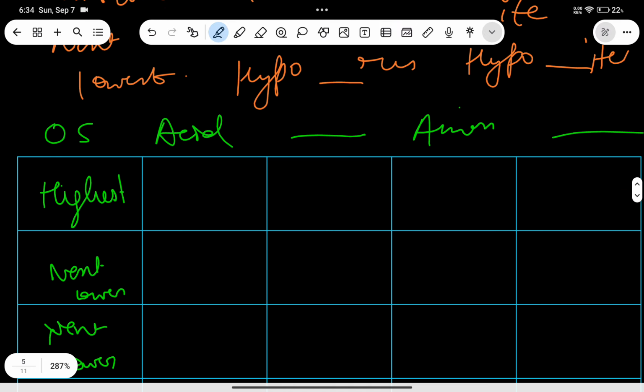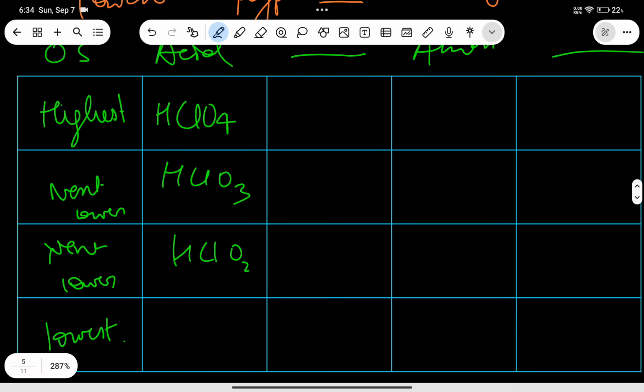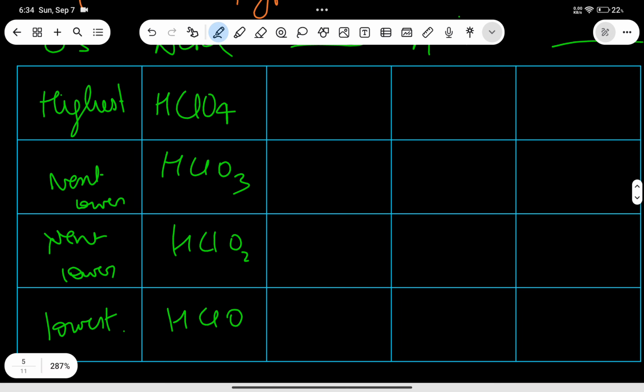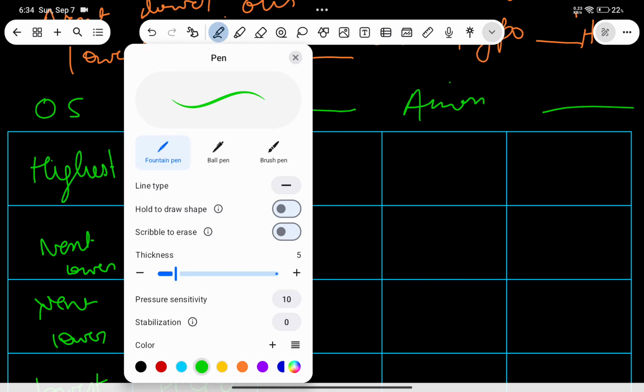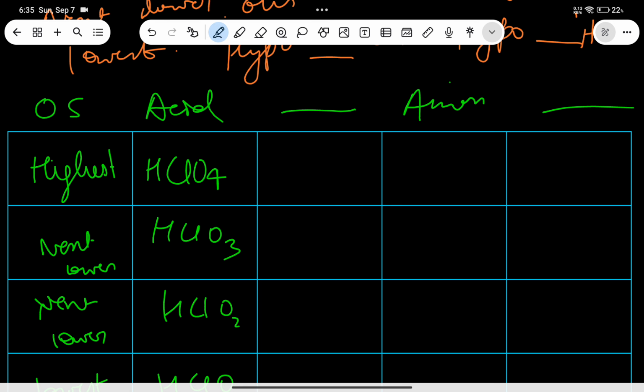For the acid, the examples we are taking here are HClO4, HClO3, HClO2, and HClO. What would be the name of it? So you just convert this color into yellow. What would be the name of this? It would be perchloric acid, right?